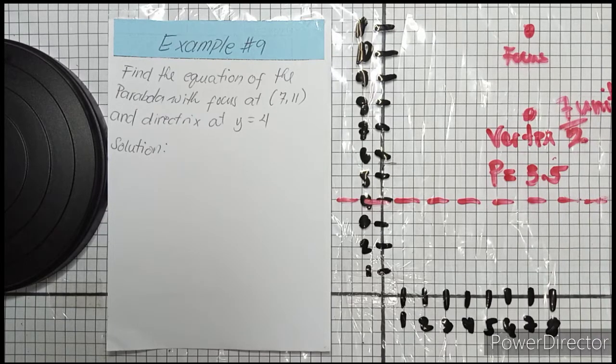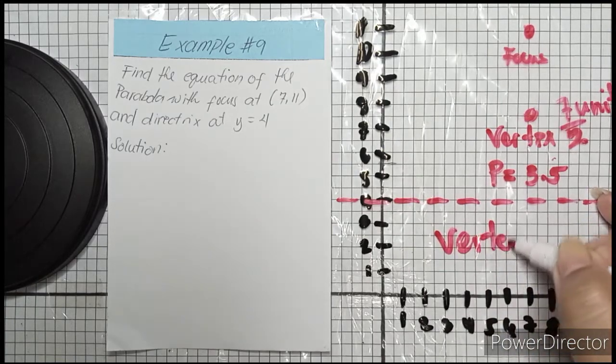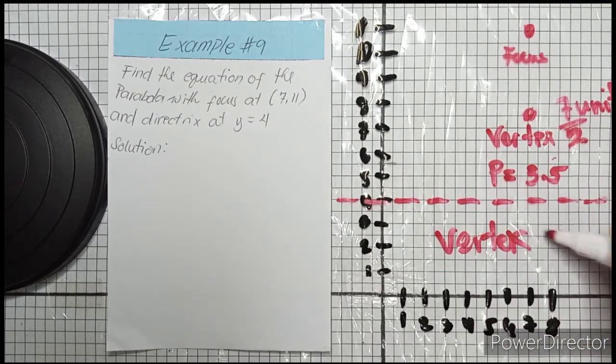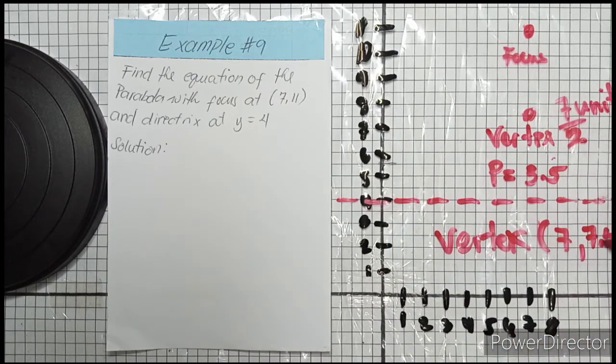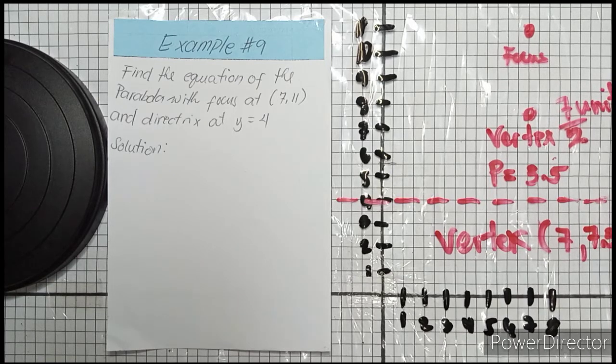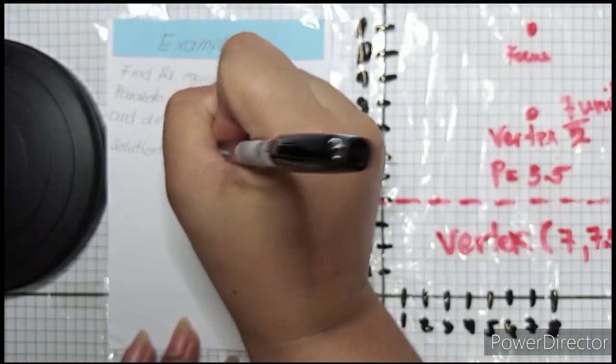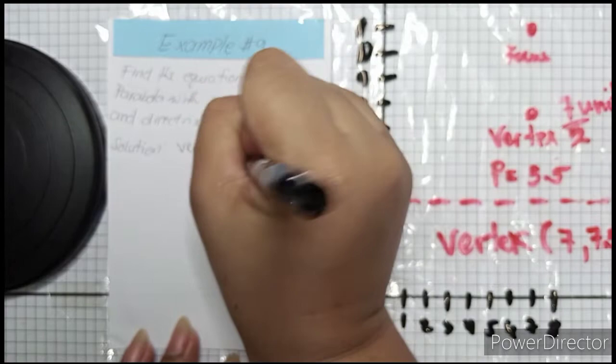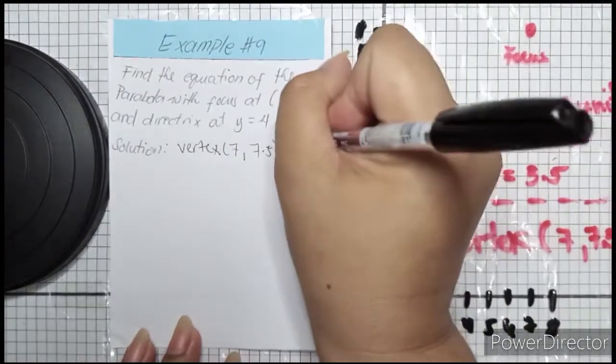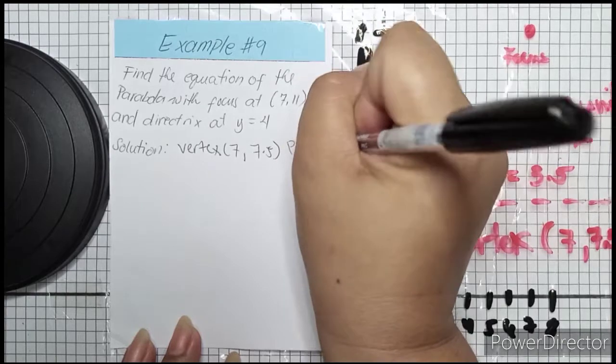Ang ordered pair po ng ating vertex ay (7, 7.5). Ito na yung vertex natin ngayon. So, sulat na natin. Our vertex is (7, 7.5), and our p is 3.5.